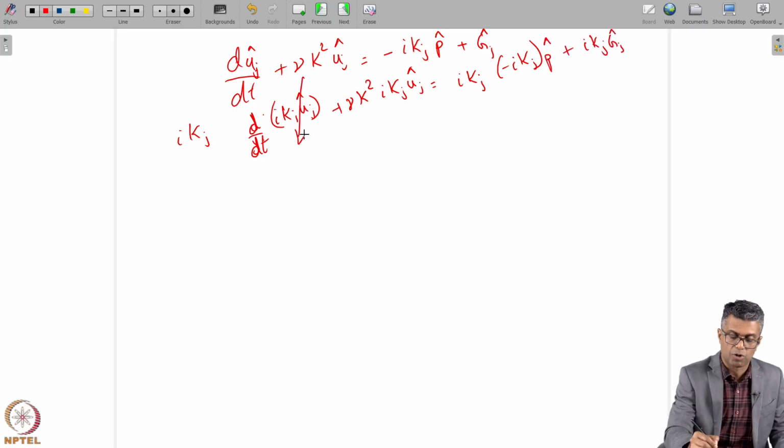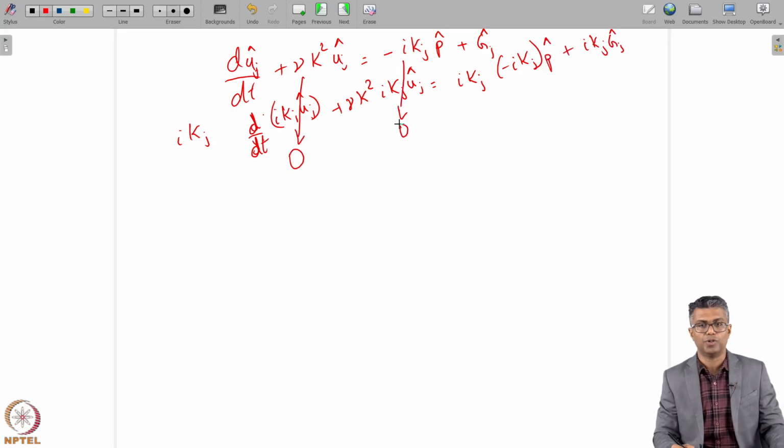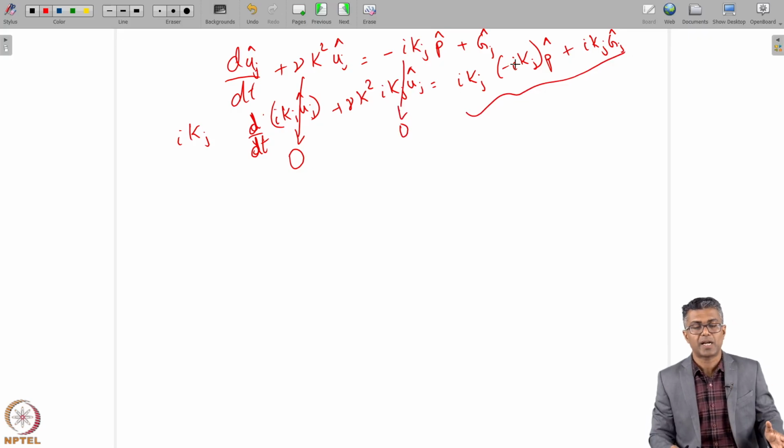Now this is equal to 0 according to continuity. You only have these terms. I have i times minus i, which is minus i squared, which is plus 1, and kappa j times kappa j is kappa squared, the kappa magnitude squared.